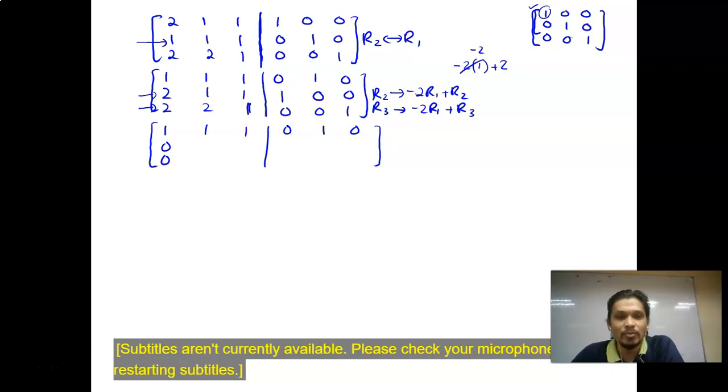Negative 2 plus 1, negative 1. Negative 2 times R1 here equal to negative 2 plus R1 equal to negative 1. Negative 2 times 0, 0 plus 1 is 1. Negative 2 times 1 equal to negative 2 plus 0, negative 2 and 0, 0, 0. Then negative 2 times R1, negative 2. Negative 2 plus 2 equal to 0.